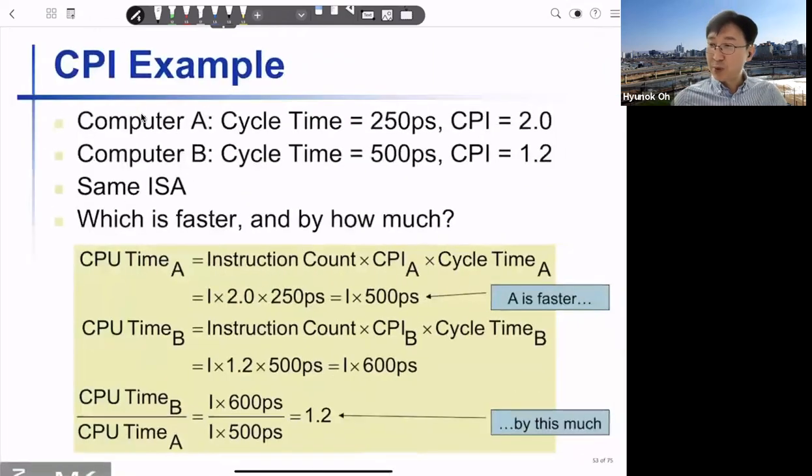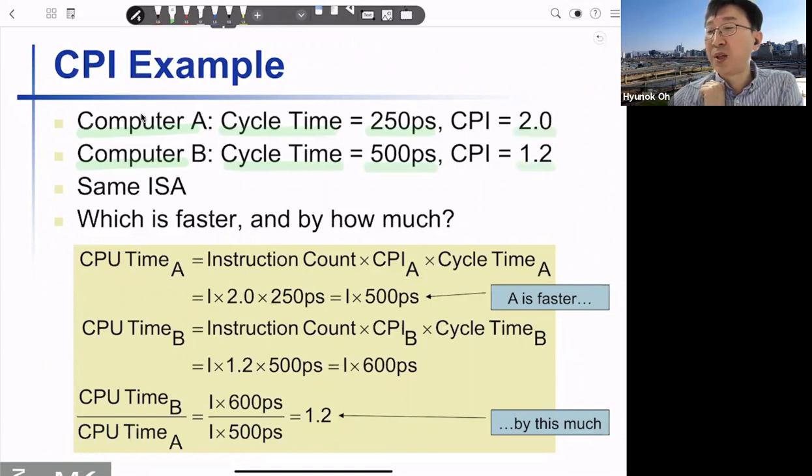Let's look at this example. So there are two computers, computer A and B. And each one has a different clock period. The first one has a clock period of 250 picoseconds, and the second one has a clock period of 500 picoseconds. And CPI is 2.0 for the first one and 1.2 for the second one.